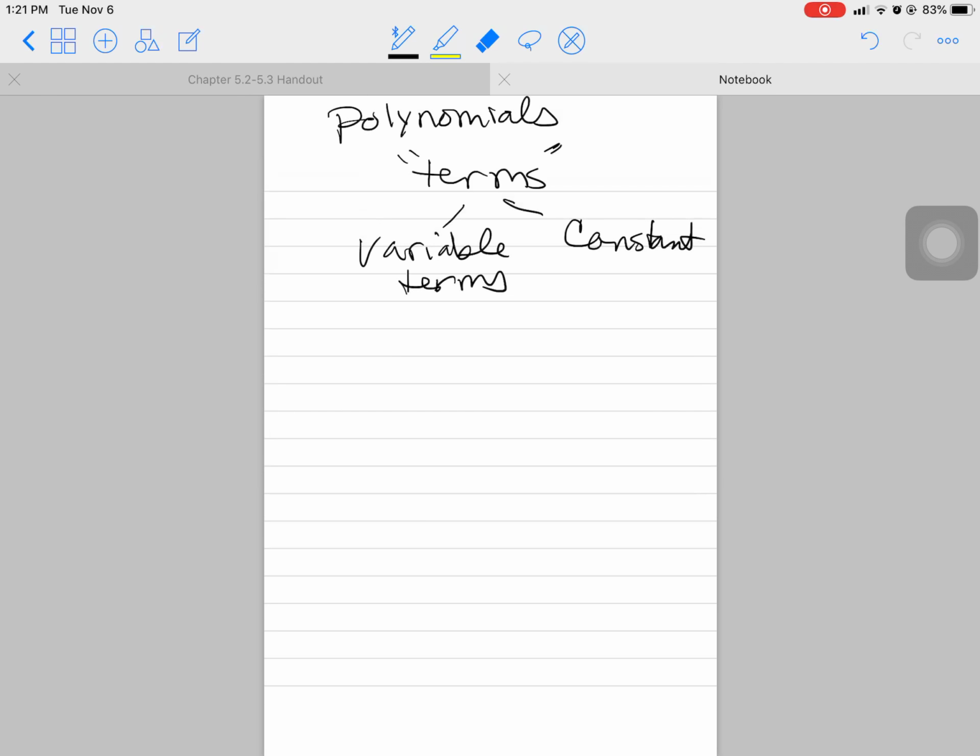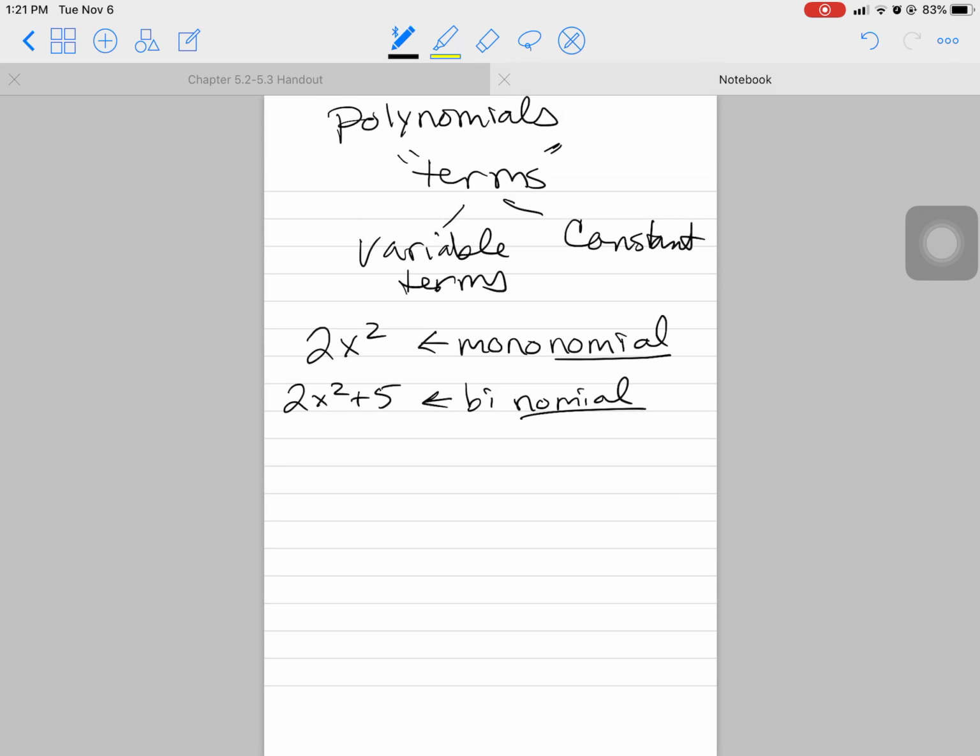And when we talk about polynomials in general, if you have, like, let's say 2x squared, that is considered a monomial because it's one term. Okay, if you have 2x squared plus 5, that would be a binomial because it's a polynomial with two terms.